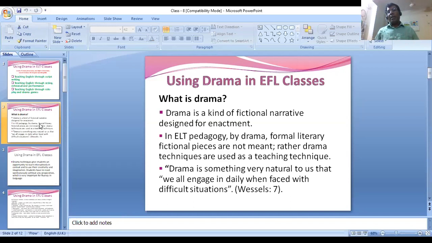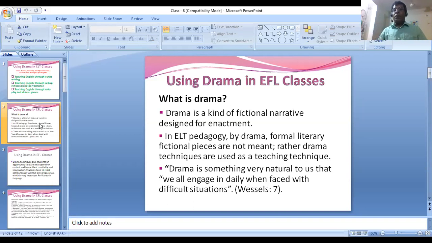They can very naturally, intuitively, interactively learn their language through performance, through acting, and through rehearsal. That is actually what we are talking about here in this class. That means we will use these three actions as a teaching technique.